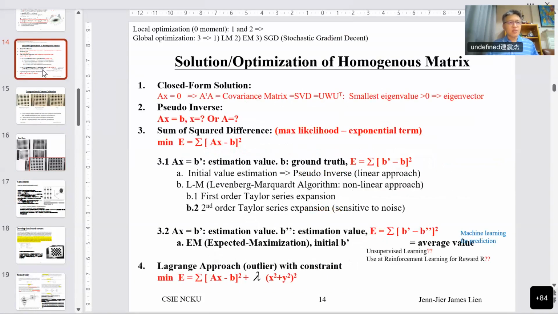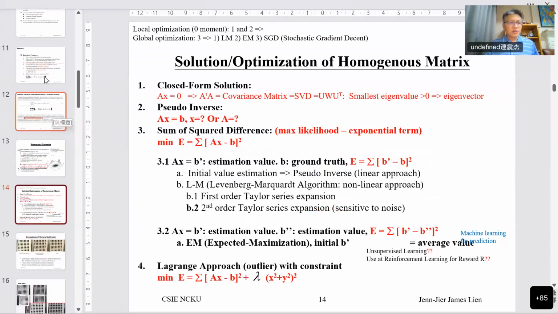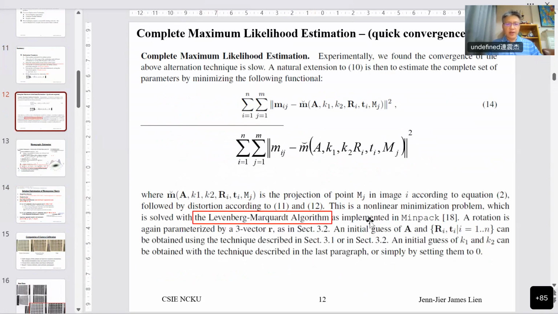Yeah, page 14. Page 11 talks about the procedure, and to solve this we'll use the LM method, Levenberg-Marquardt. OpenCV provides it to you, we just use it. This is a second order optimization method, so you can find the global minima.